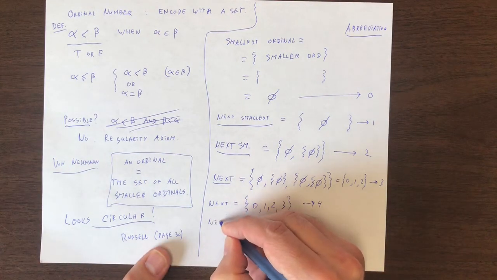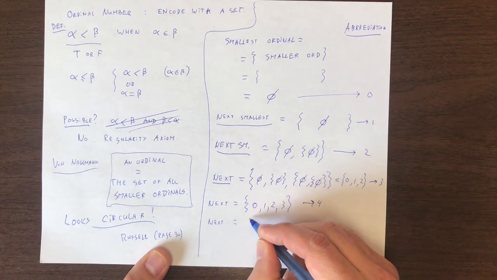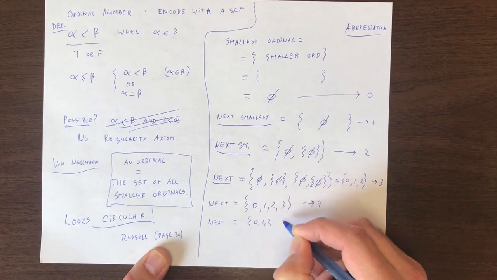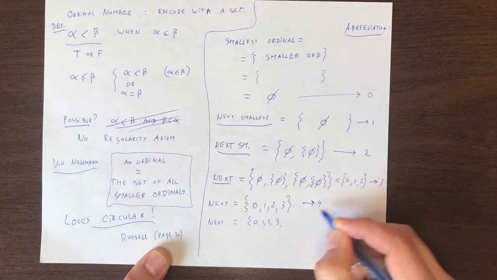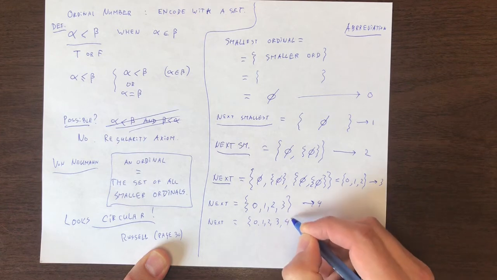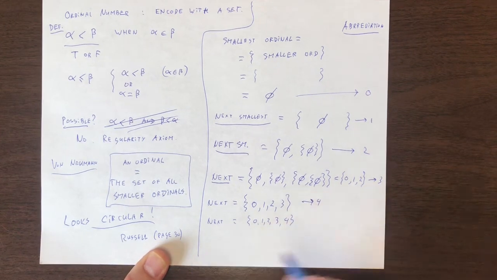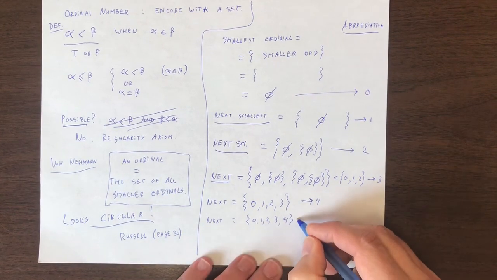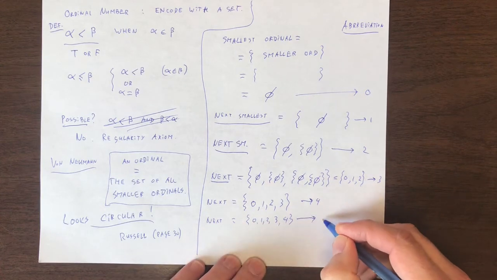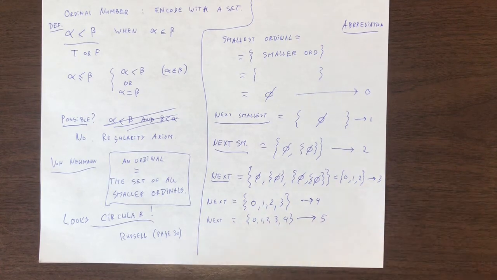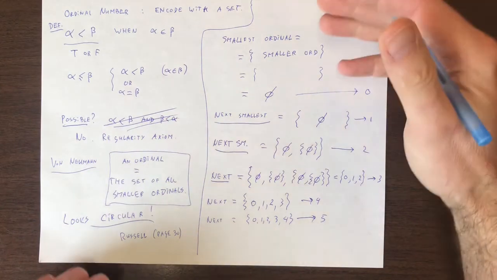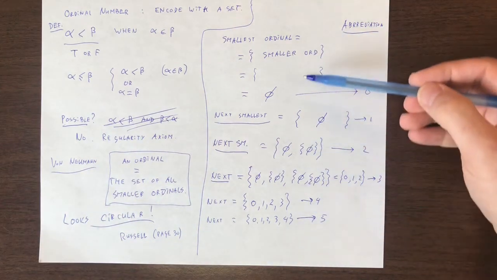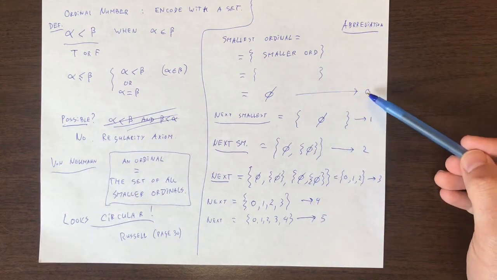So the next one will be 0, 1, 2, 3, and this new one, which I denoted as 4. This is going to be just too much work to keep writing that. So instead of writing this, I'm just going to write 5.